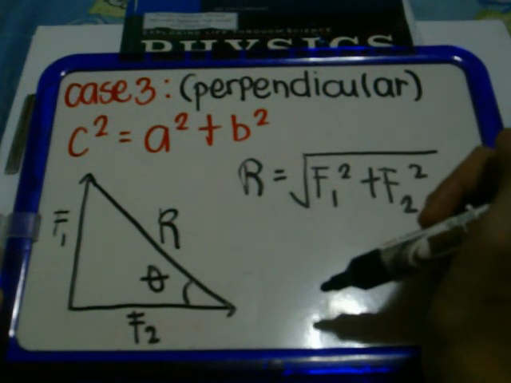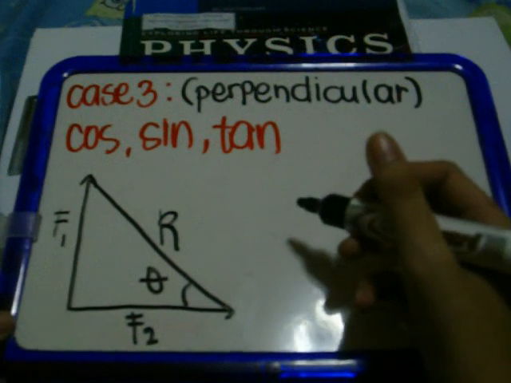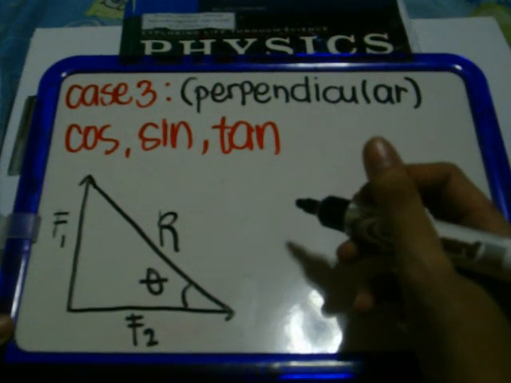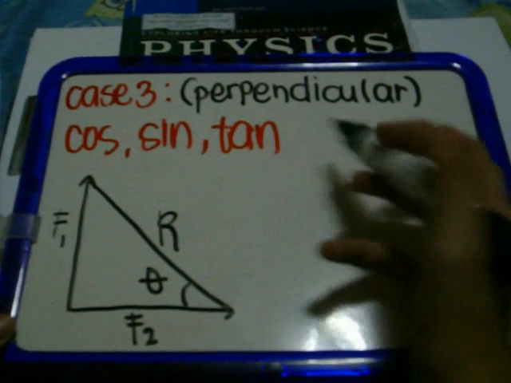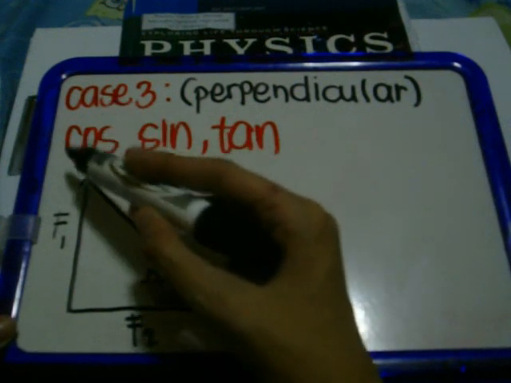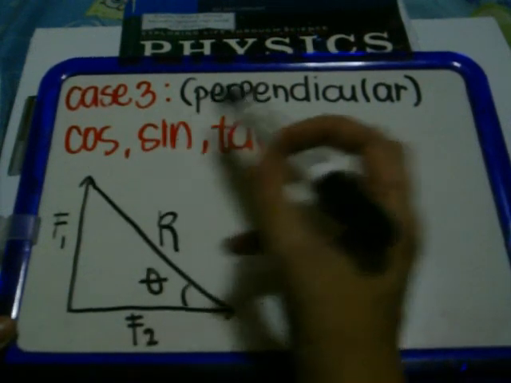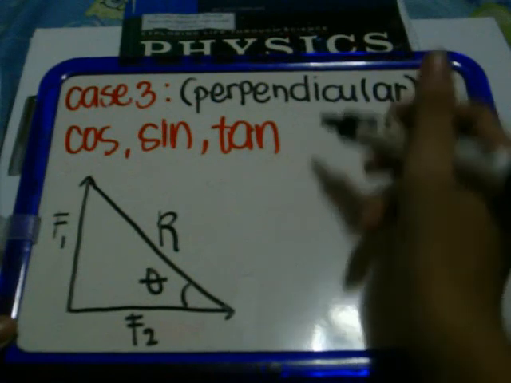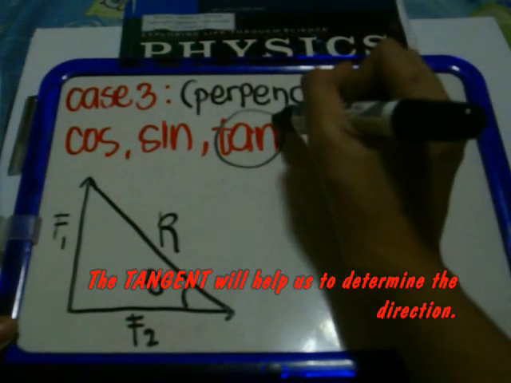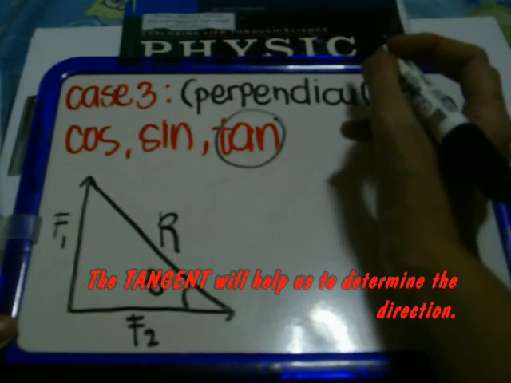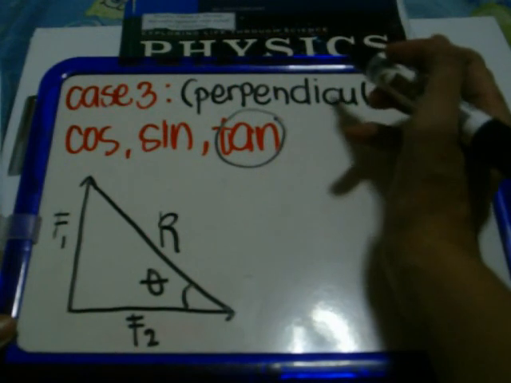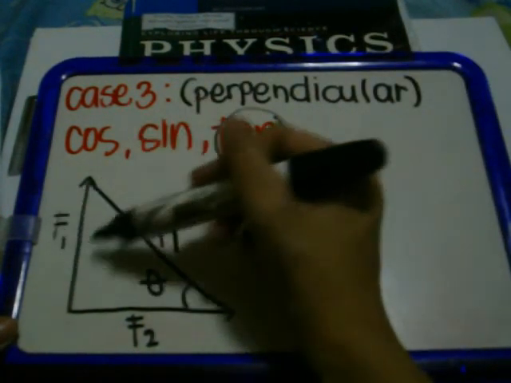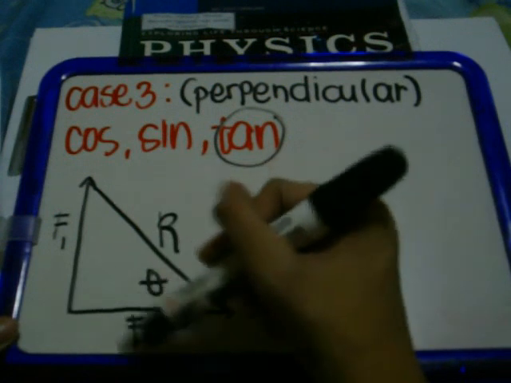How about the direction? Recalling the trigonometric functions, the cosine, sine, and tangent, the function tangent will help us to determine the direction, for we are given the opposite side and the adjacent side.